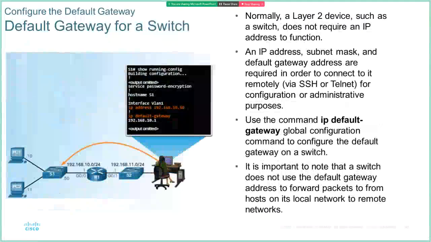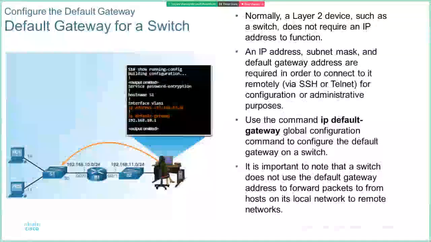So how do we set a default gateway on these intermediate devices, just like we would on a PC? For a switch, it's not a layer 3 device normally, so we have to configure it with a layer 3 interface, which is the virtual network interface running on the device.